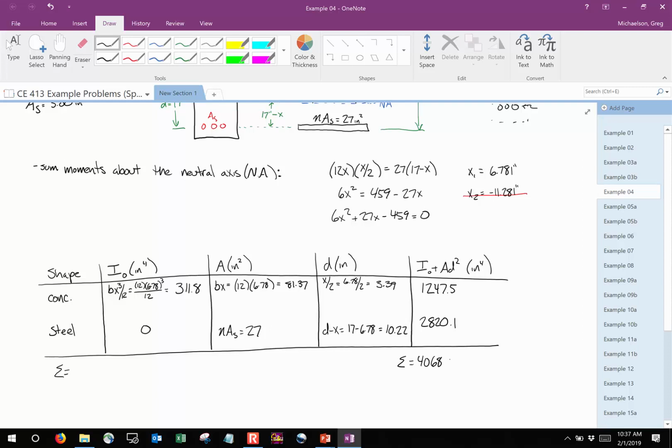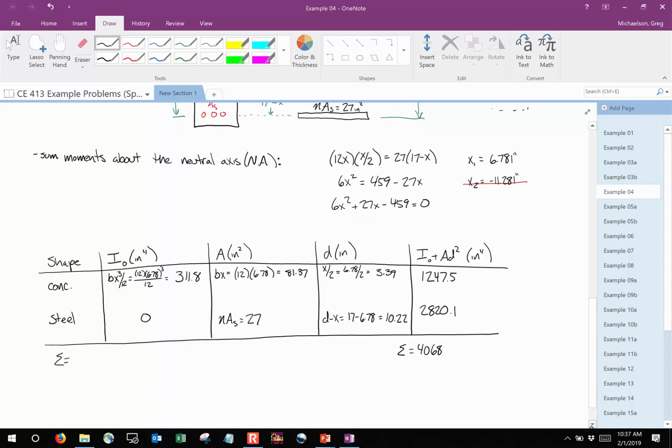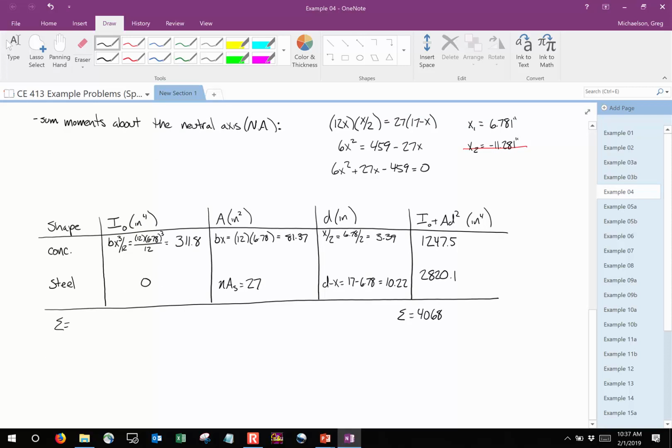All right. So let's put some scale on this so everybody is aware. Let's recall something. I just want to make sure everybody's clear on what these values represent. Remind me, what was the gross moment of inertia of this section? 8,000. I propose that this value is the cracked moment of inertia.